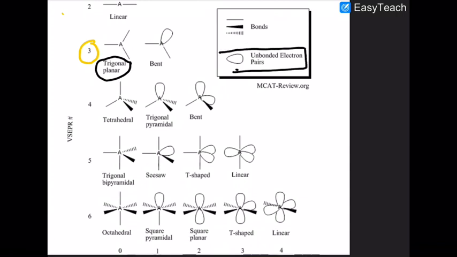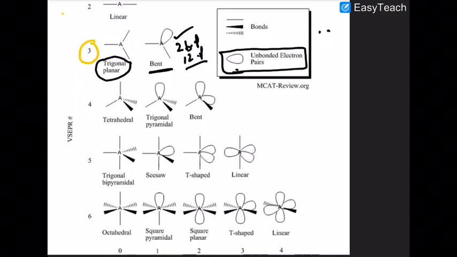If that weakened lobe is present, it indicates the presence of a lone pair. So in this case, there are two bond pairs and one lone pair, so you have a bent structure.